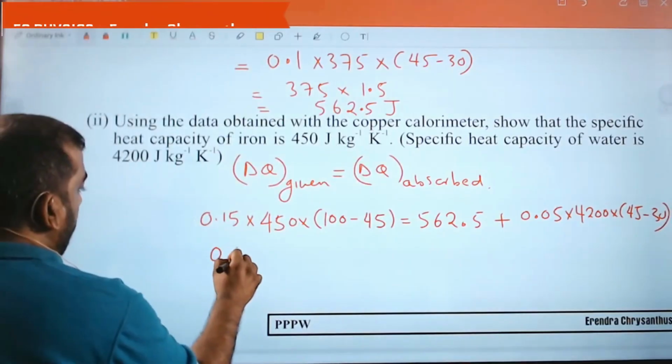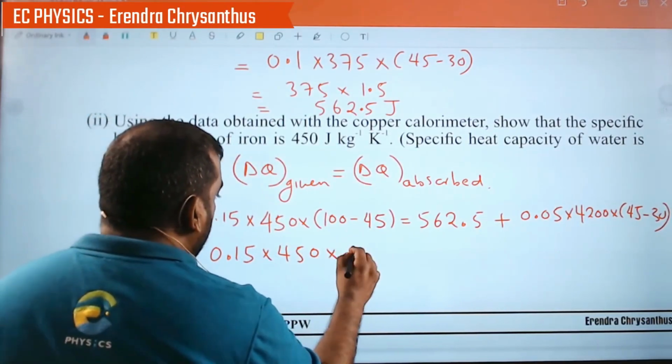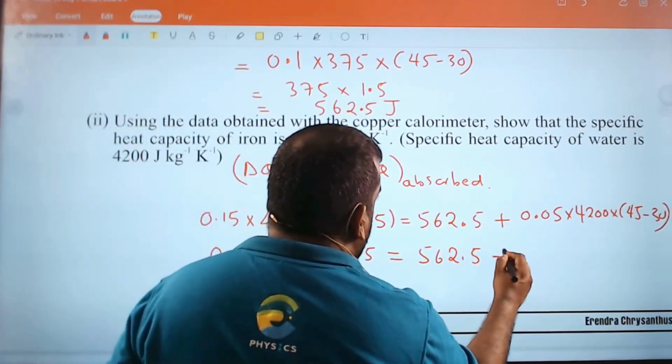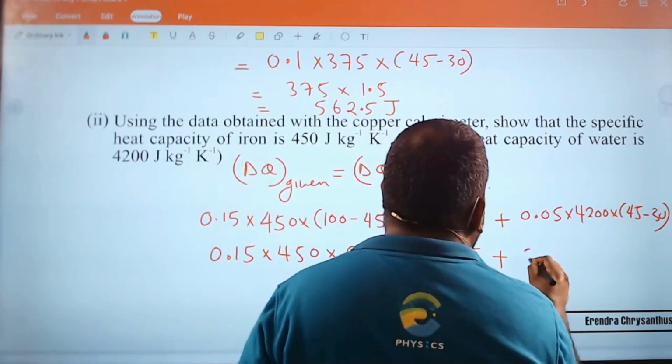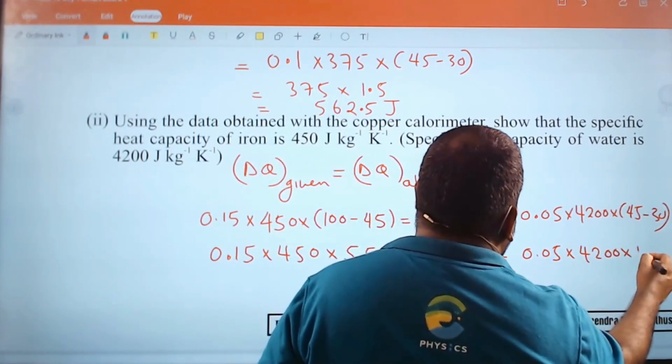Simplify this: 0.15, 450 into 55, equals 562.5 plus 0.05, 4200 into 50.